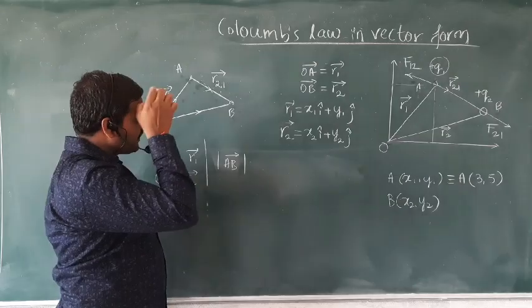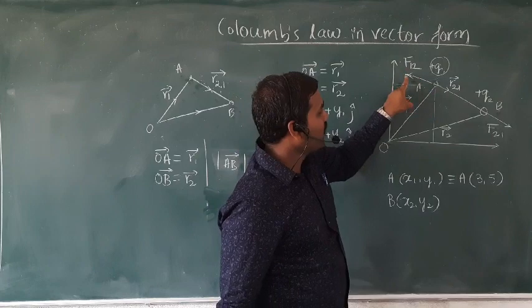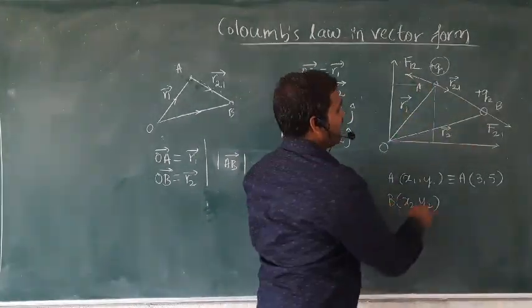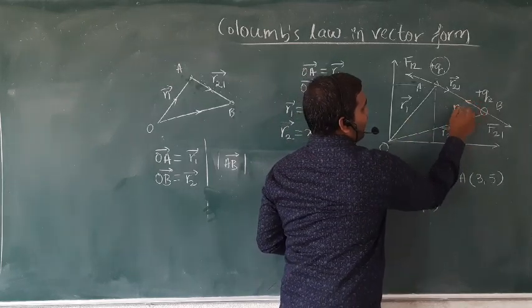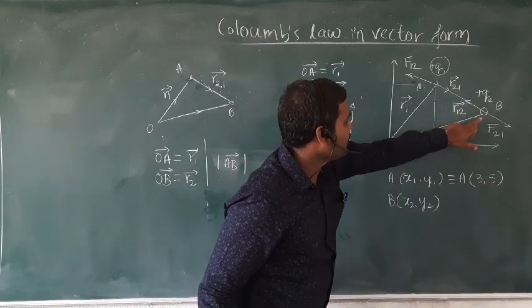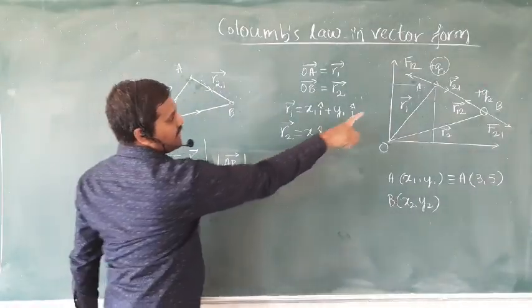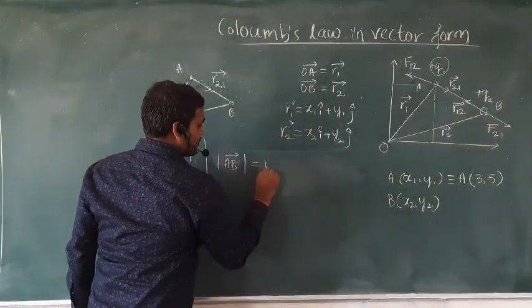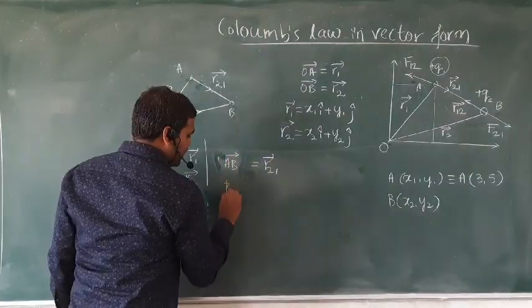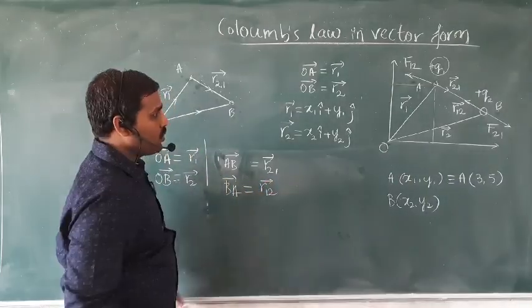Similarly, when I consider F12, it is directed from B to A. So I can write it as R12. R12 is the same distance as BA. Vector AB I write as R21, and vector BA I write as R12.